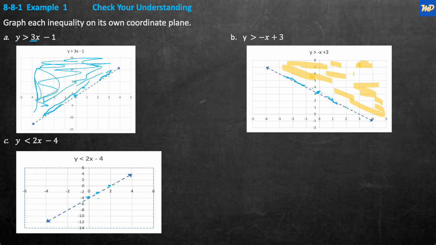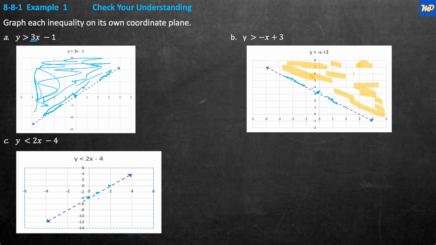Okay, and so what section do I include? What is the included section and the not included section? Well, we know right off the bat that the included section is not the line, because the line is dashed. If the line was solid, this would be a less than or equal to, and we would be including the line.